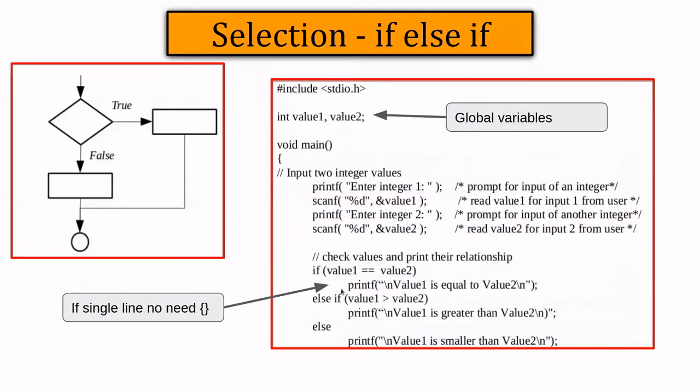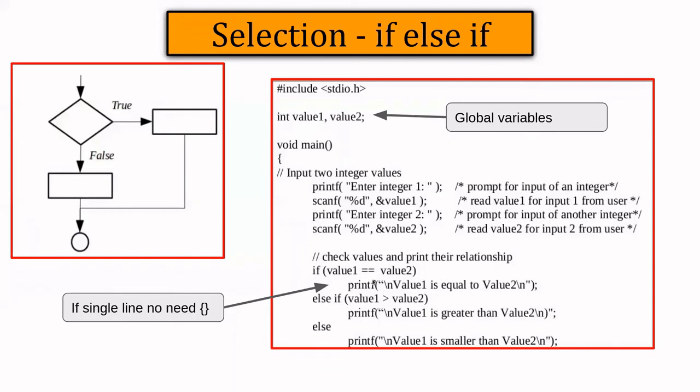Here I didn't write the brackets because it is only one line. We can write one line after if or else if, only one line without brackets. If you want to type more than one line, you have to type open and close brackets.